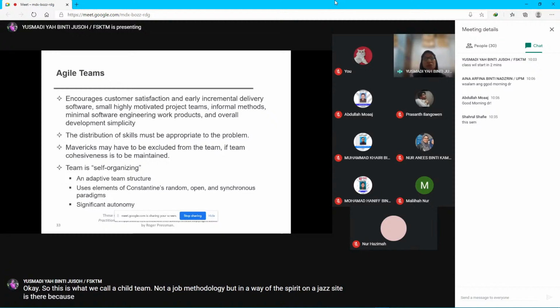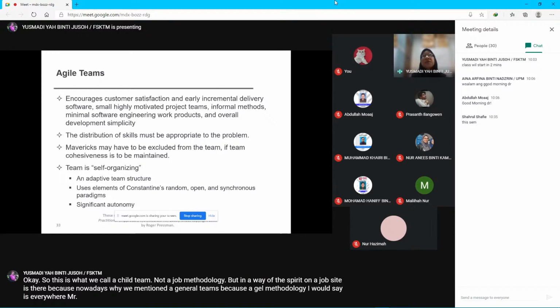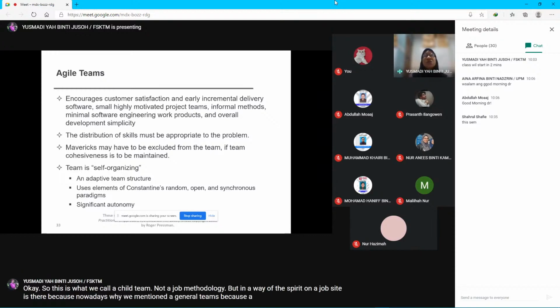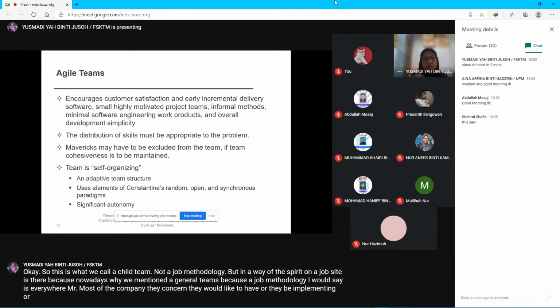Nowadays, why do we mention agile teams? Because agile methodology, I would say, is everywhere. Most companies would like to implement or are adopting agile methodology.